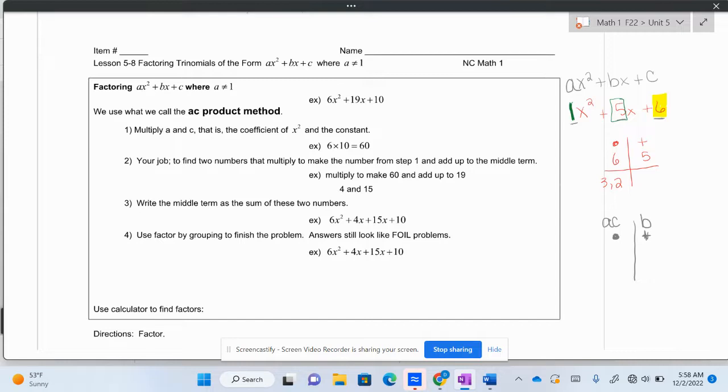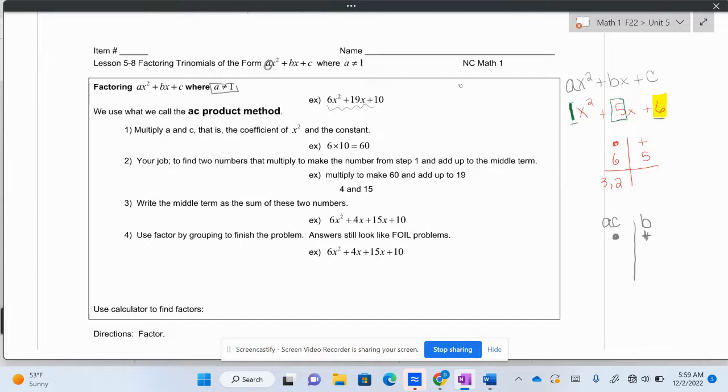So today, when we factor our trinomials, that leading coefficient, that number attached to the x, is not going to be a 1. For example, we have 6x squared plus 19x plus 10.